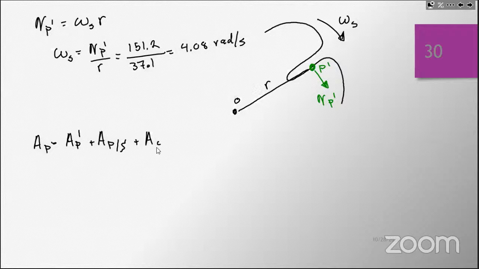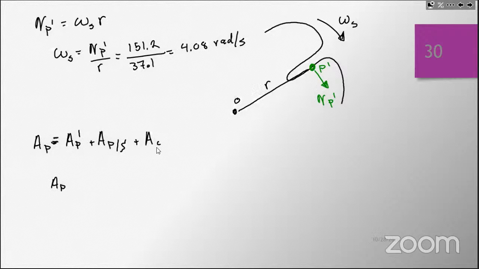In this case, I know omega d is constant. I was told omega d is constant. We wrote this down earlier. That means that alpha is 0, right? So that means that I would only have a normal component of the acceleration due to P.